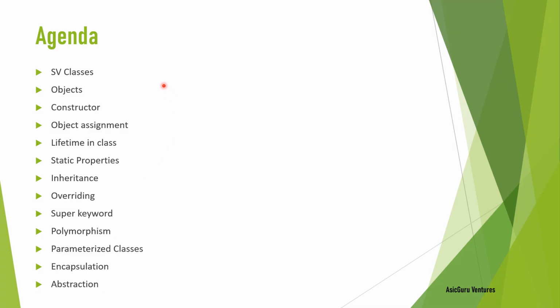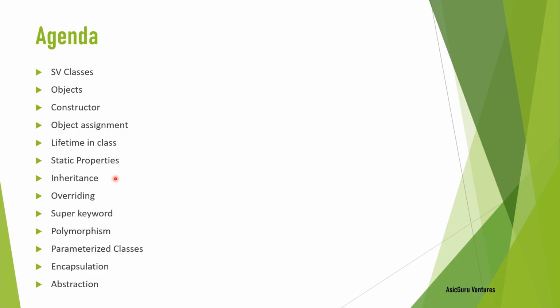So this is what we are going to cover in this session. We will start by understanding what SV classes are, followed by how objects are created and used. We will then explore constructor, object assignment, lifetime in class, and how static properties behave.